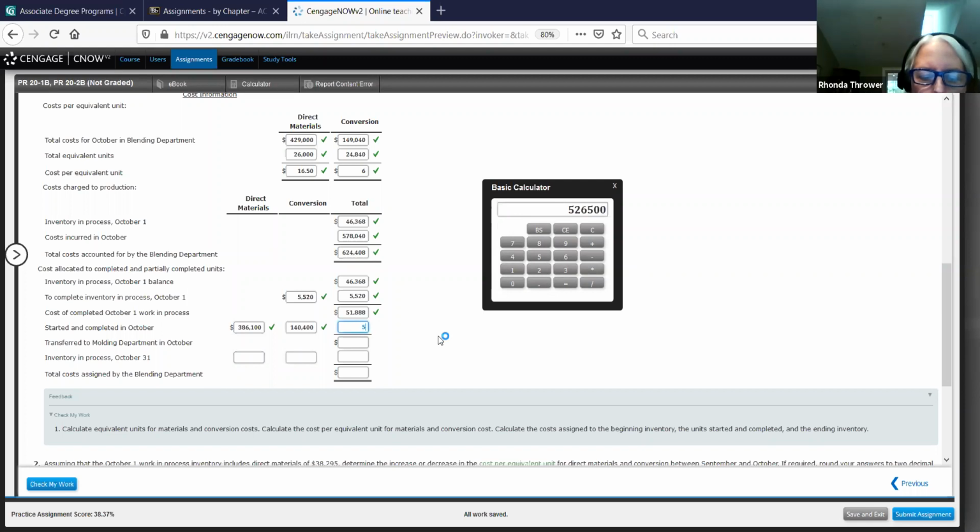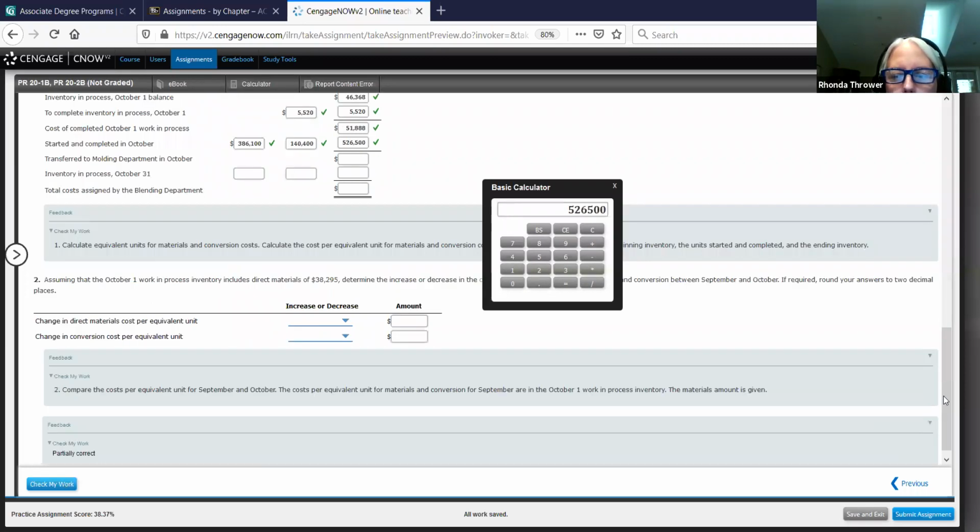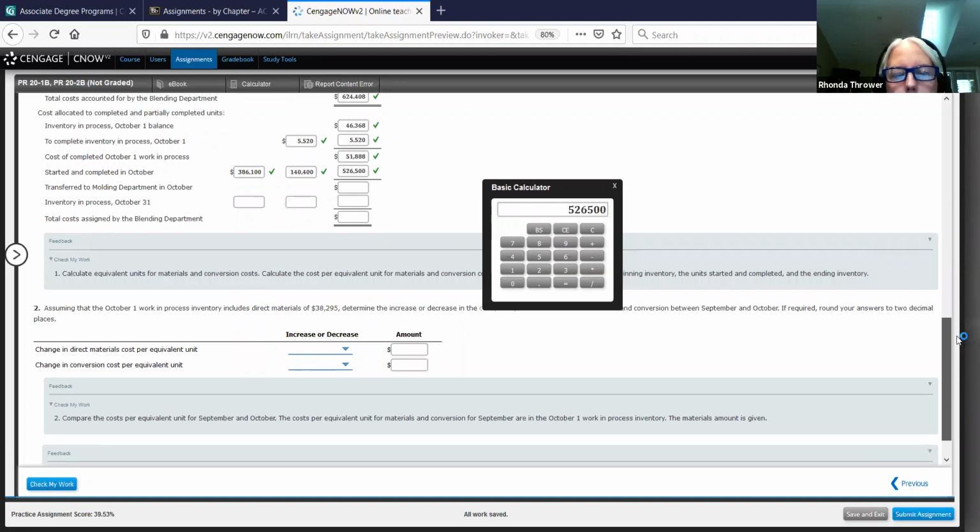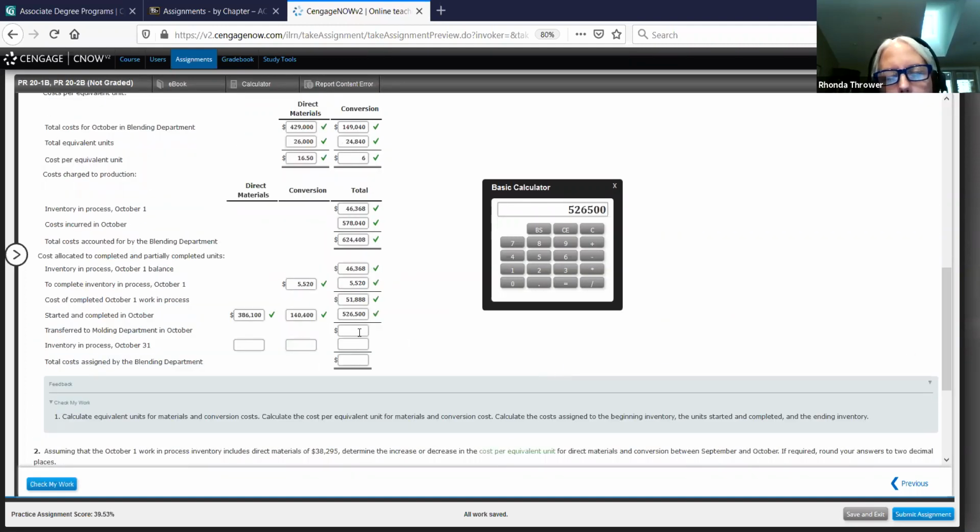And that's going to give me 526,500. What I transferred in total cost to the molding department are the total cost of my beginning inventory units plus what I started and completed.